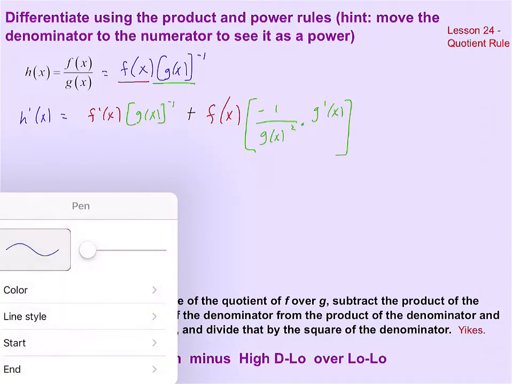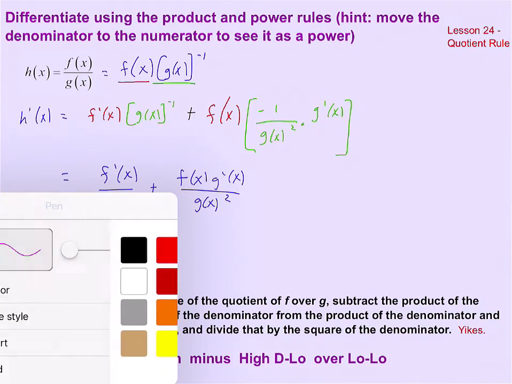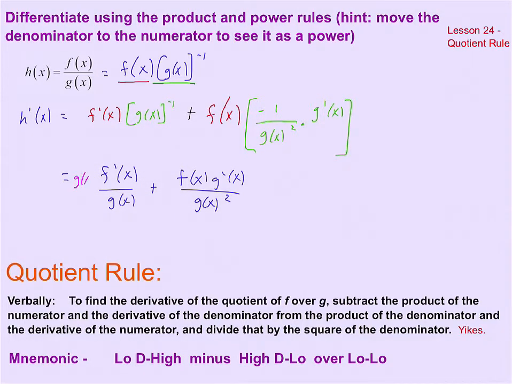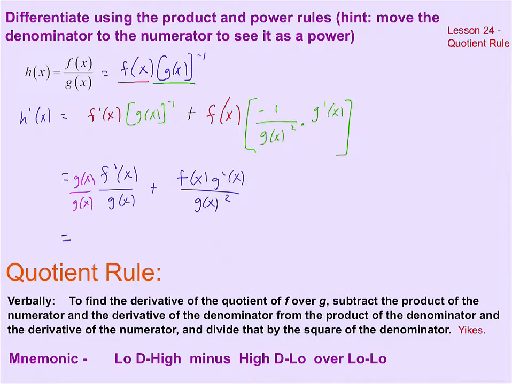And we'll clean it up just a tiny little bit. So that is f prime of x over g of x plus f of x times g prime of x over g of x squared. You'll notice that those two fractions have almost the same denominator. So what we can do is adjust this one a little bit, multiply by 1, so that the denominator of both fractions in that derivative is g of x squared, and then we can put it together. g of x times f prime of x.